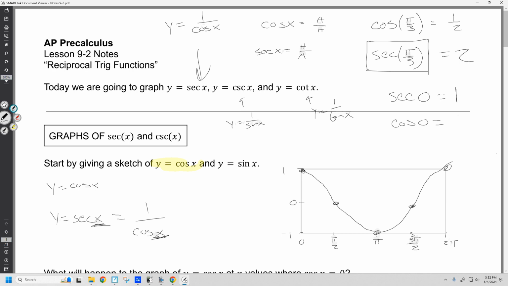However, the y's on secant are the reciprocals of the y's on cosine. The secant function is the reciprocal of the cosine function, so the y's on the secant graph will be reciprocals of the y's on the cosine graph.